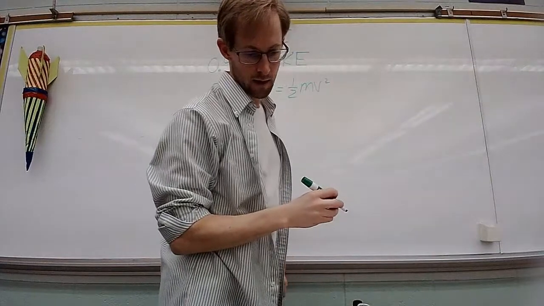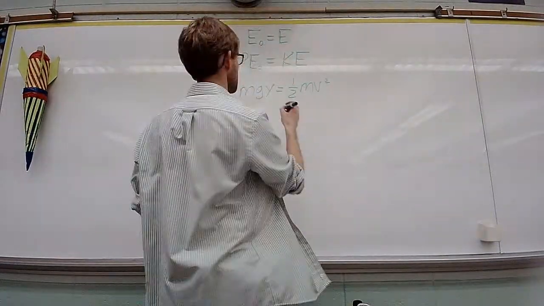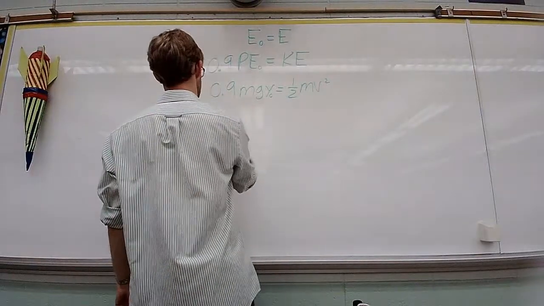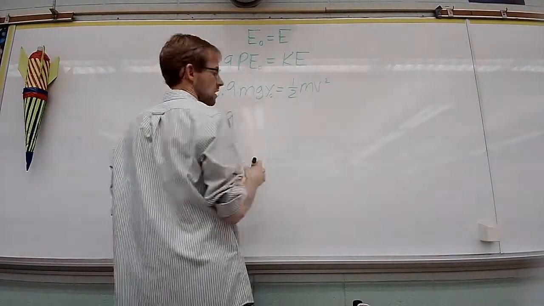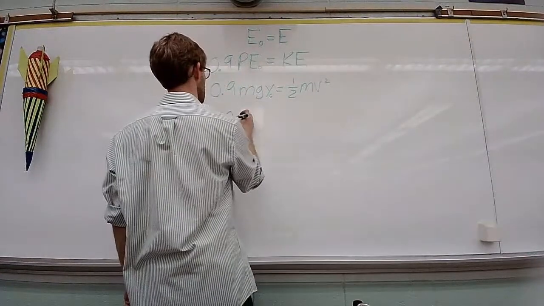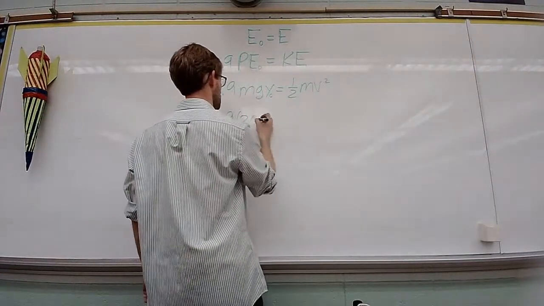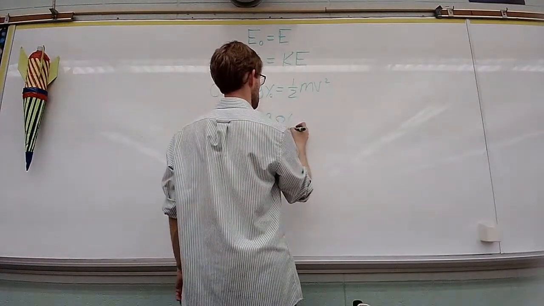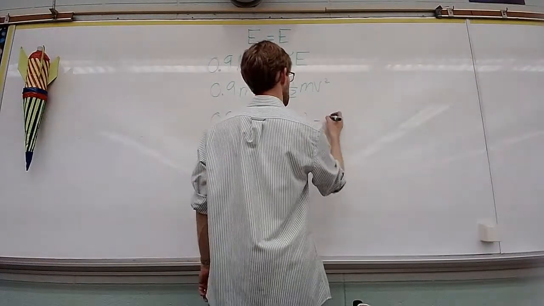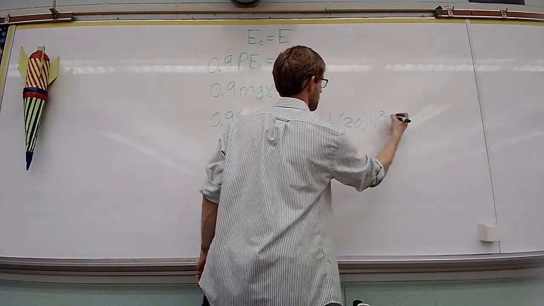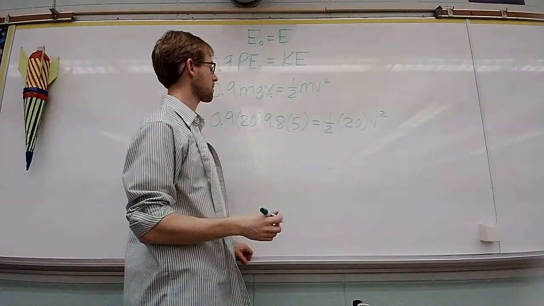Our original height is going to be equal to 5 meters. The mass is equal to 20. And of course, the velocity is what we're looking for.